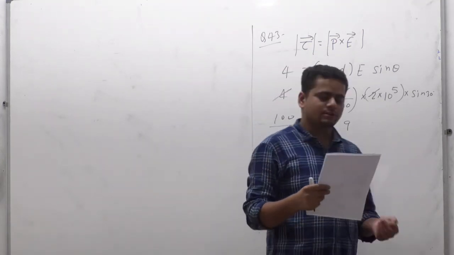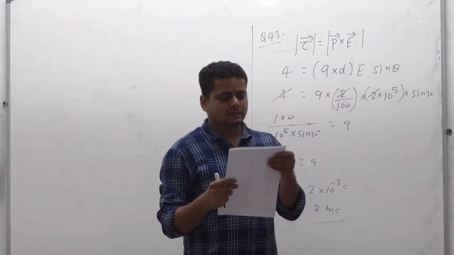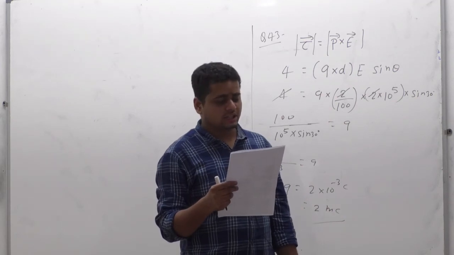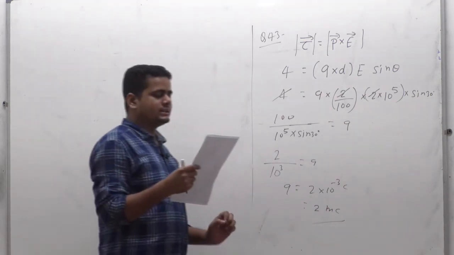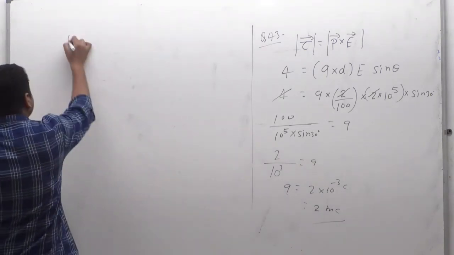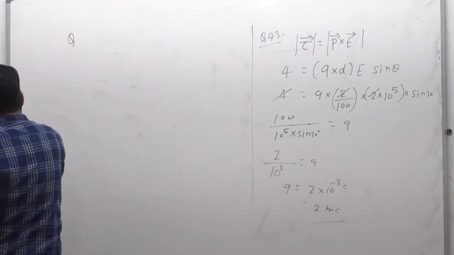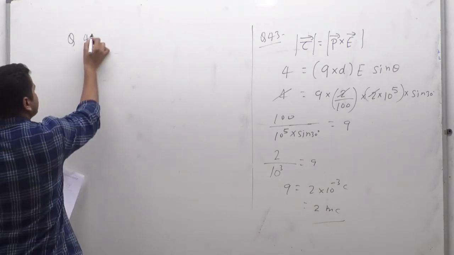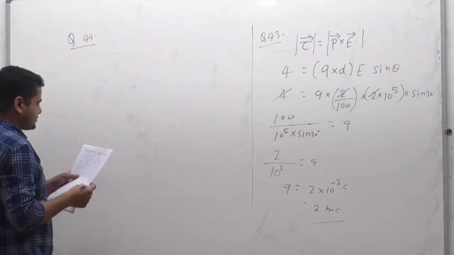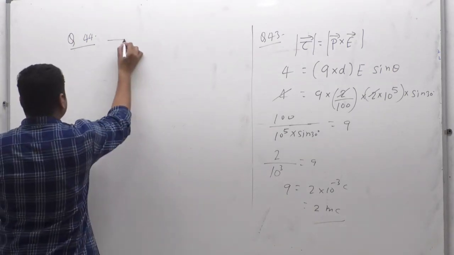Next, question number 44. The given circuit has two ideal diodes connected as in the figure. The current flowing through the resistance R1 will be, okay. This is the question.